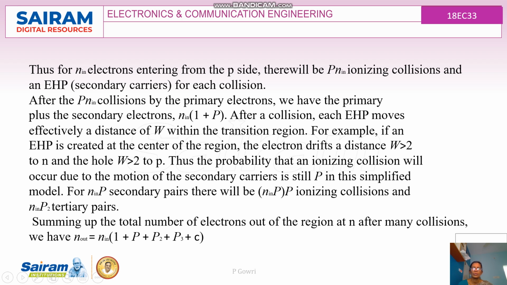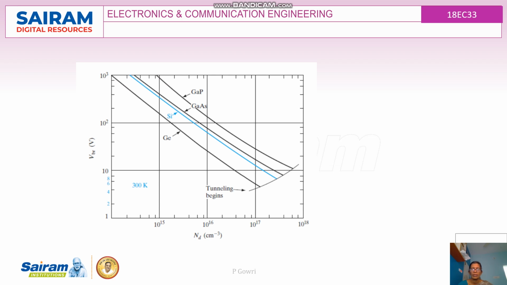After a collision, each EHP moves effectively a distance within the transition width w, and hence an EHP is generated at the center of the region. The electron drifts a distance of w by 2, and the hole drifts a distance of w by 2. Thus, the probability that all ionizing collisions will occur due to the motion of the carriers is still p, and in this we get M equal to 1 divided by 1 minus p.